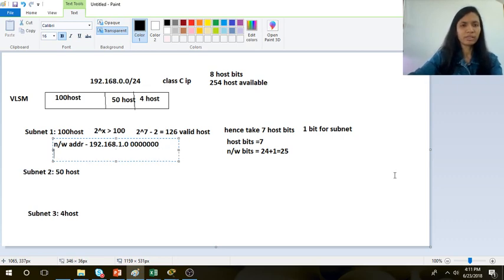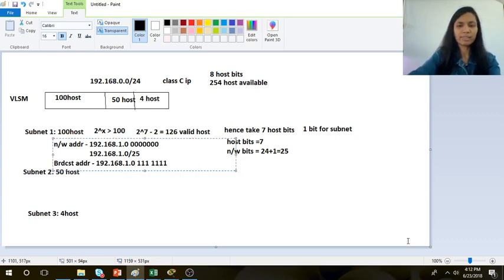This is your network address, which is going to be 192.168.1.0/25. Then the broadcast address: the first bit is your subnet bit, which is 0, and the rest of the 7 bits are ones. Okay, this one is 0, so I have taken it as 1, I'll just change it to 0.